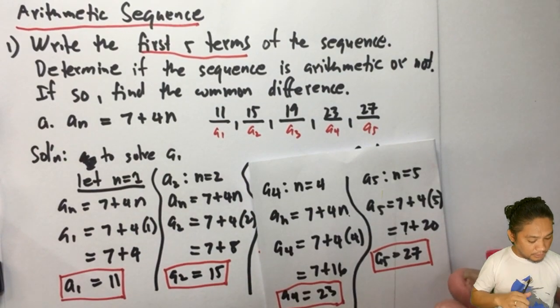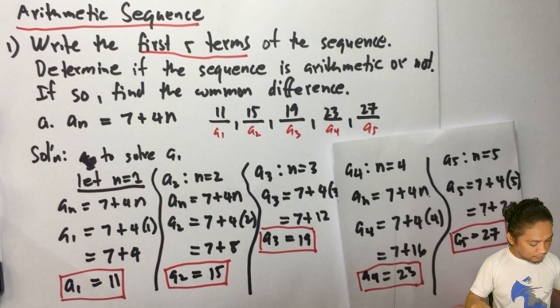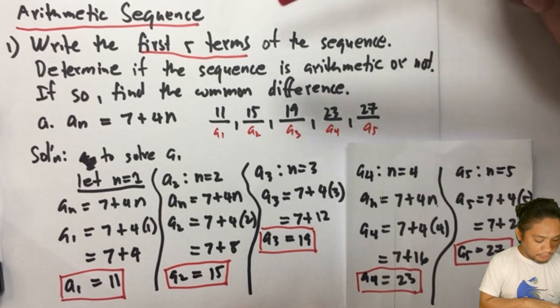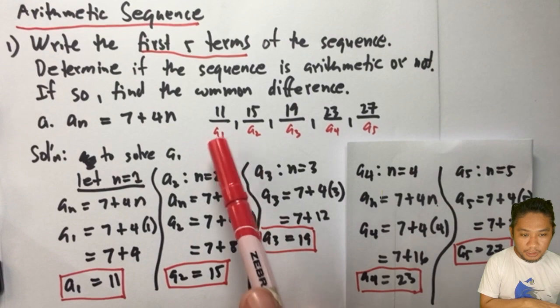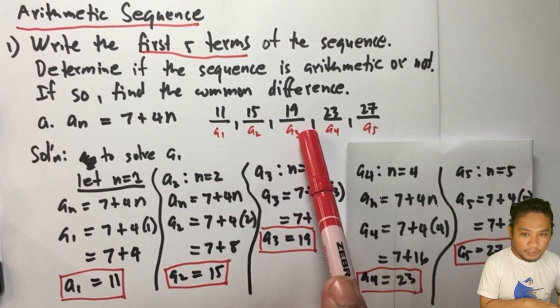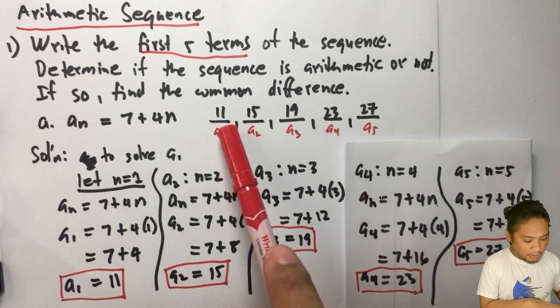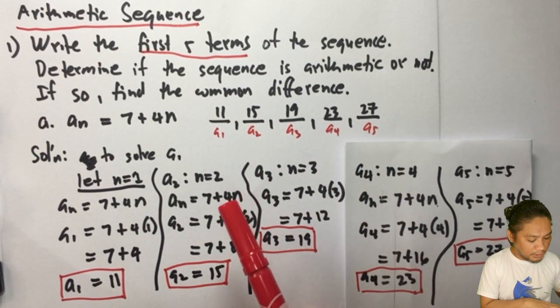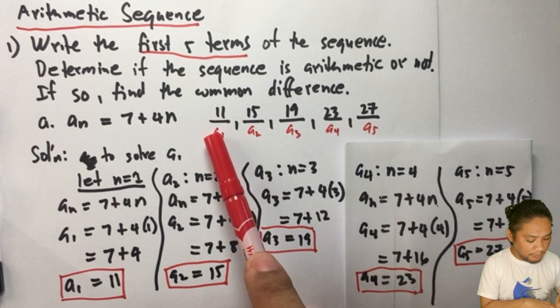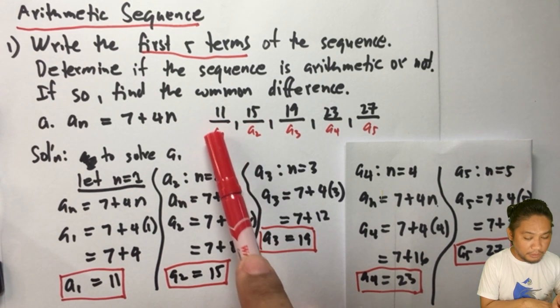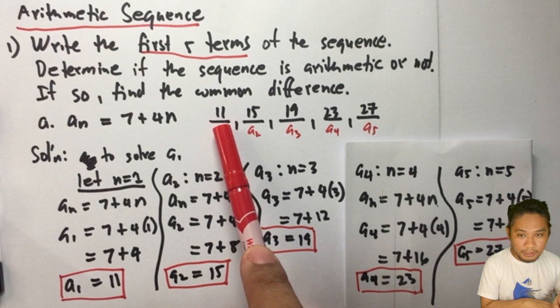Now, if you are going to observe, our generated terms are 11, 15, 19, 23, and 27. To check if the difference between the terms is constant, we simply subtract the first term from the second term. 15 minus 11, that's 4.